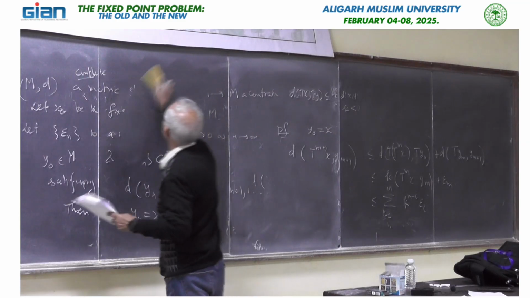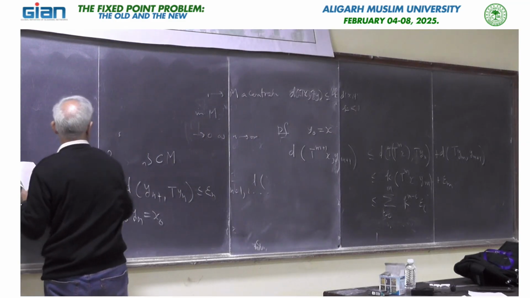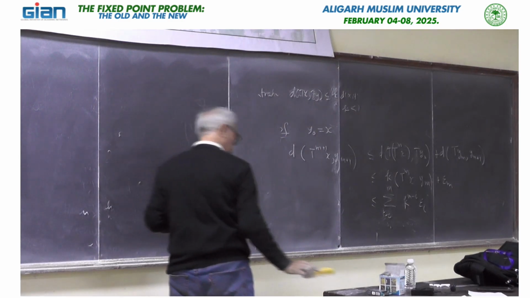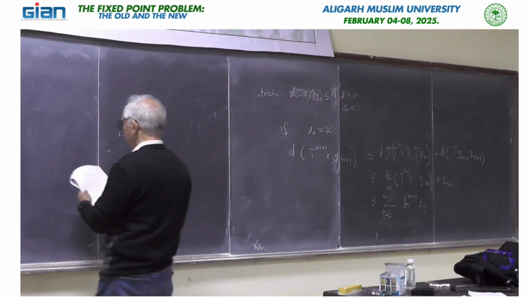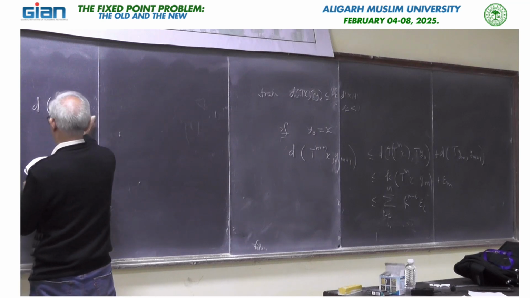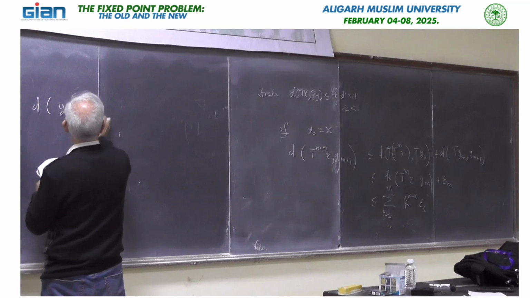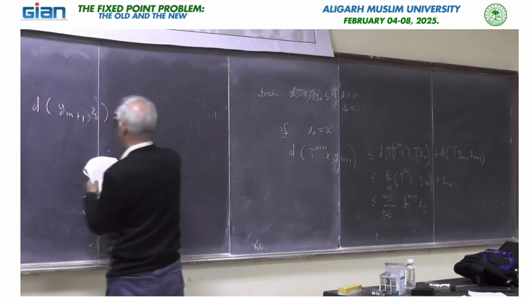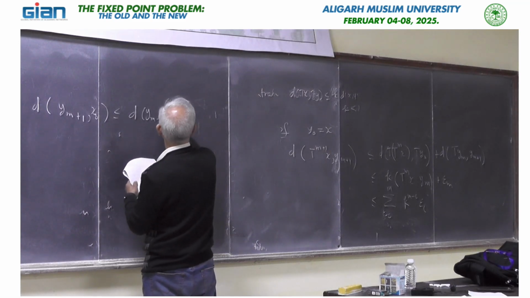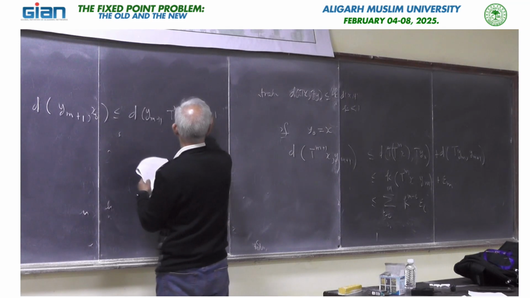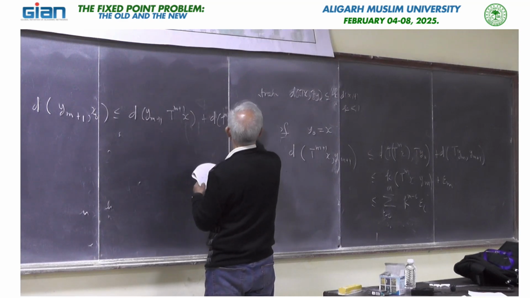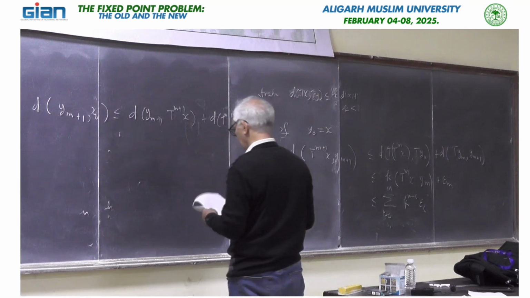Okay. Now, by this what you have is d of y_{m+1} and x0 is less than or equal to d of y_{m+1}, again you add and subtract T^{m+1} x, plus d of T^{m+1} x and x0.